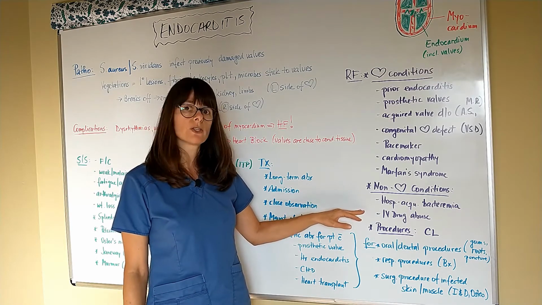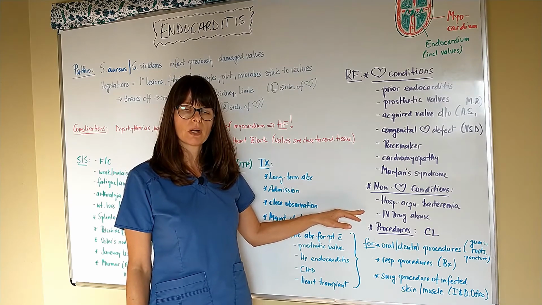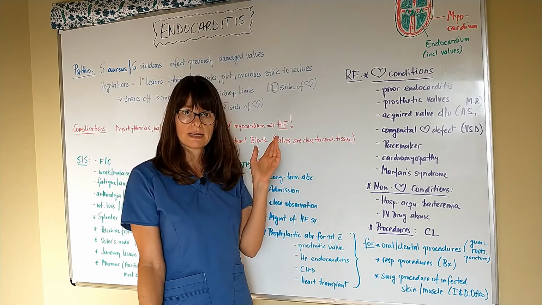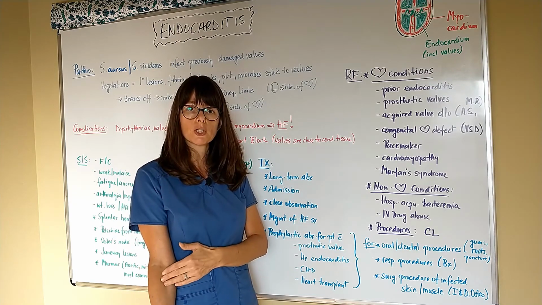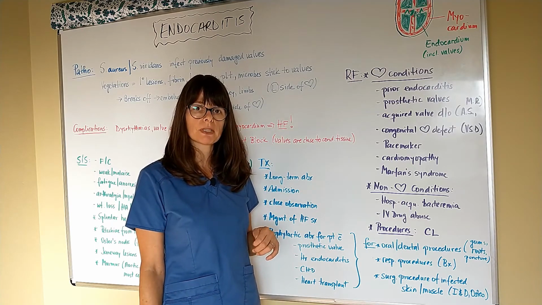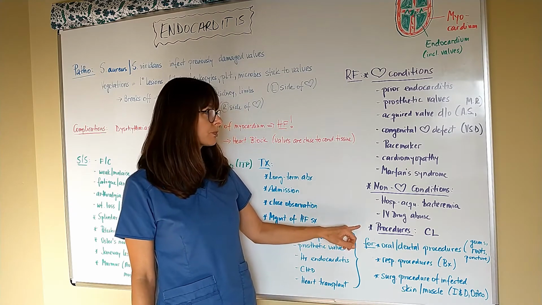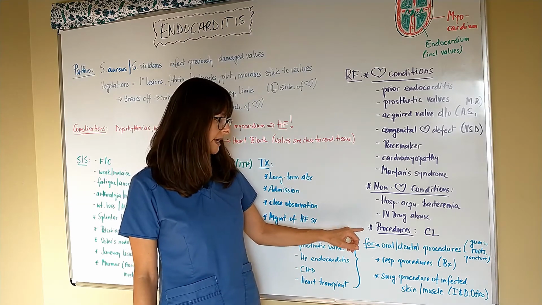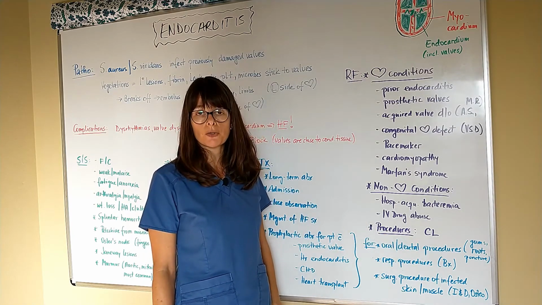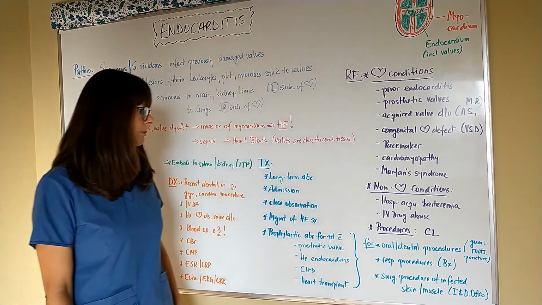And also IV drug abuse puts the patient at higher risk for endocarditis because through the use of contaminated needles, the staph could be injected through the bloodstream, and then these vegetations form from the bacteria on the heart valves. Certain procedures also can cause endocarditis, and that would be a central line insertion, for example. So if it's not a sterile procedure, it can cause that problem.